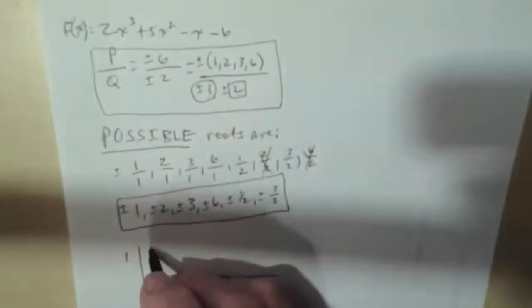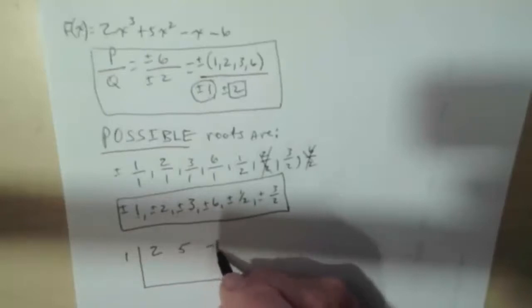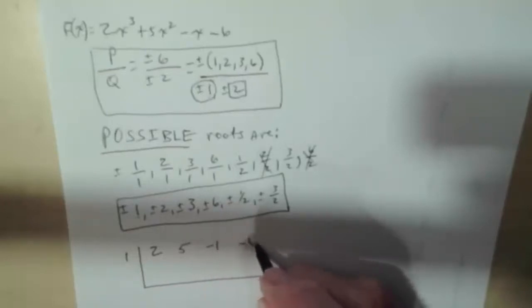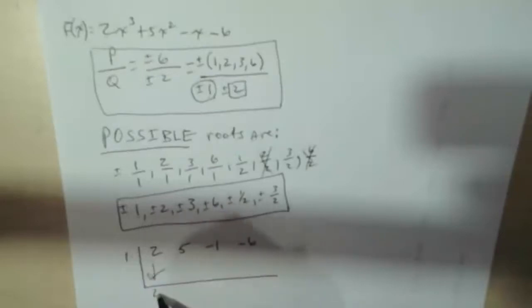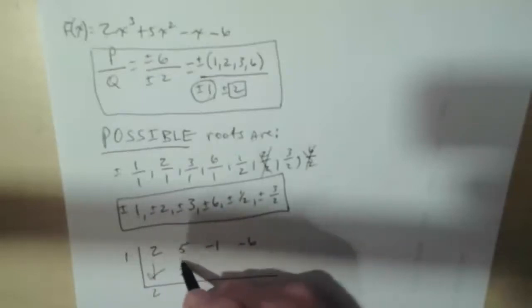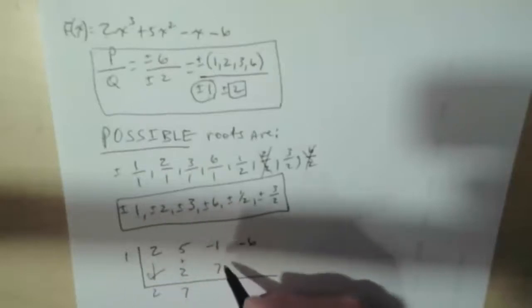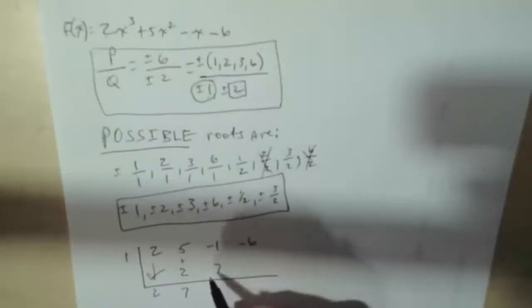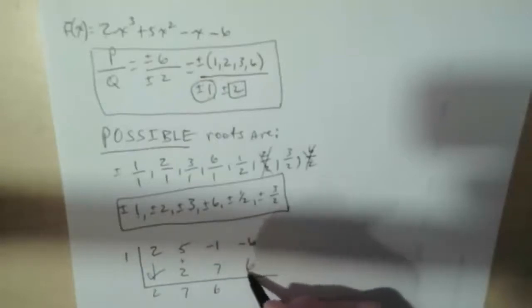So we have 2, 5, -1, and -6. Bring down the 2. 1 times 2 is 2. Add these together. 7. 1 times 7 is 7. -1 plus 7 is 6. Now we do 1 times 6 is 6. Oh, look at that. And that's a 0.